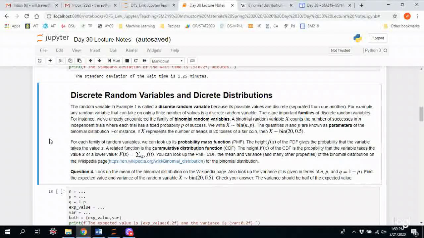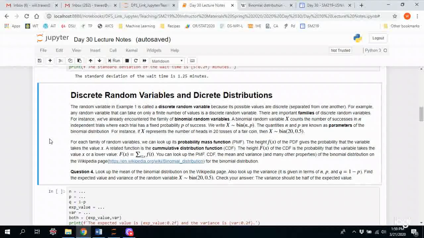Okay, great. So for any probability distribution, like the binomial random variable, you can look up its probability mass function, and the height of the probability mass function gives the probability that the variable takes the value x. So it's essentially the probability function.